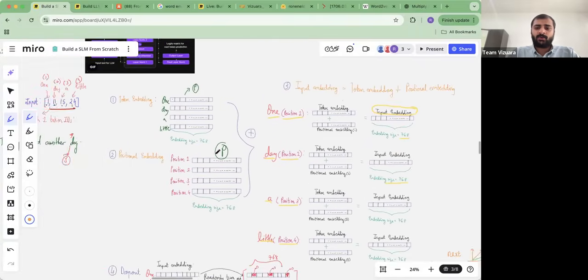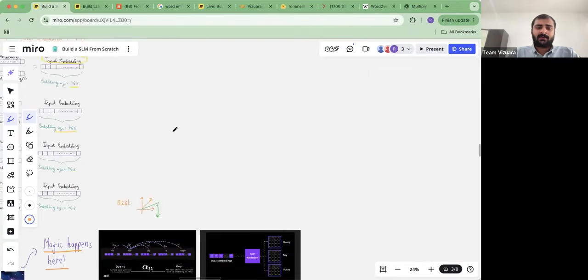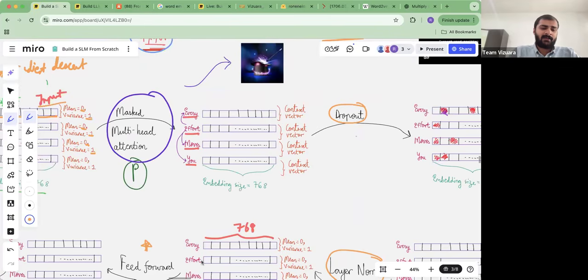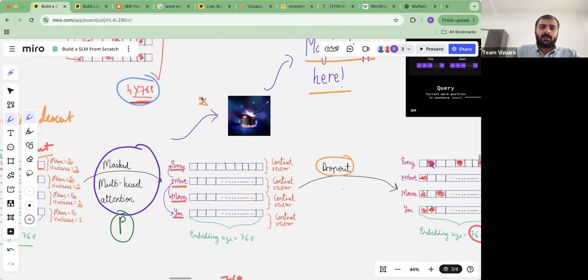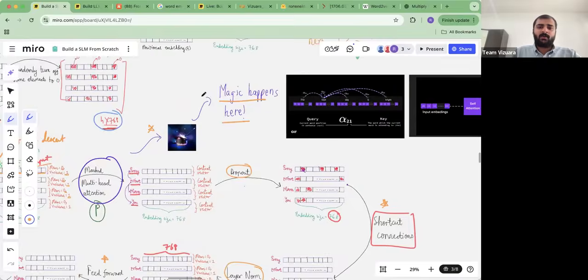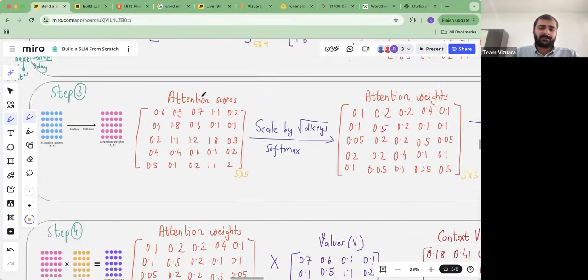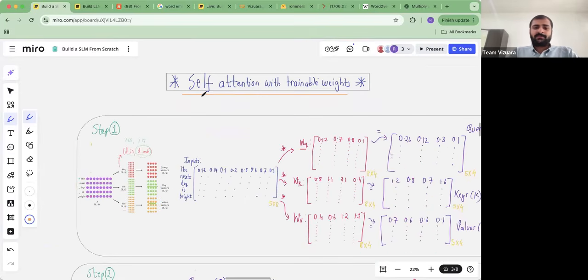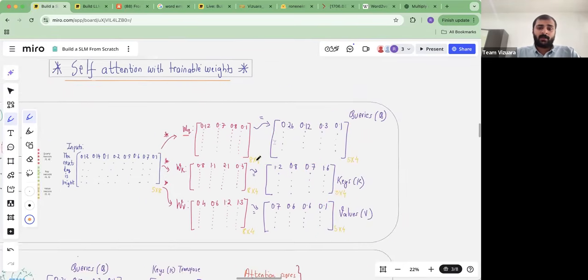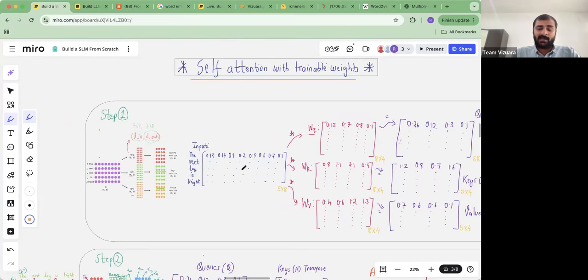I mentioned one step to you, right? This step, which I did not explain, I mentioned to you as a black box. Now we are going to visually understand what happens in the attention mechanism. For this part also, you need to be very focused because it's the brain of the language model, as I mentioned. So now we are going to enter the brain of the language model really.